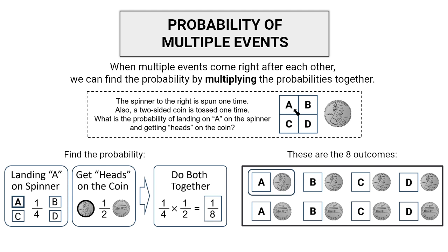There's a 1 in 4 chance of getting A on the spinner, and a 1 in 2 chance of getting heads on the coin. Do them both together, you multiply their probabilities, and you get 1/8. In the picture to the right you can clearly see all 8 possibilities, and only one of those 8 has A on the spinner and heads at the same time. This is the concept we're going to be covering as we work through this problem.